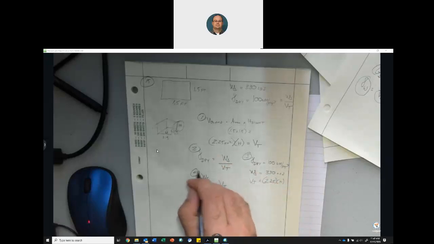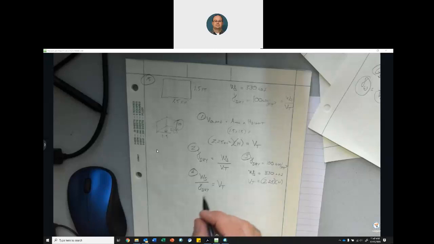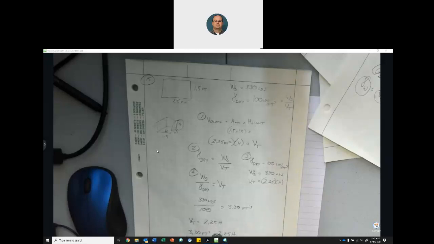Now let's solve that. Weight of solids is 330 pounds divided by 100. 330 divided by 100 is 3.30 cubic feet. So I know total volume equals 2.25 H. Plug and chug: 3.30 cubic feet equals 2.25 H. Divide both sides by 2.25.